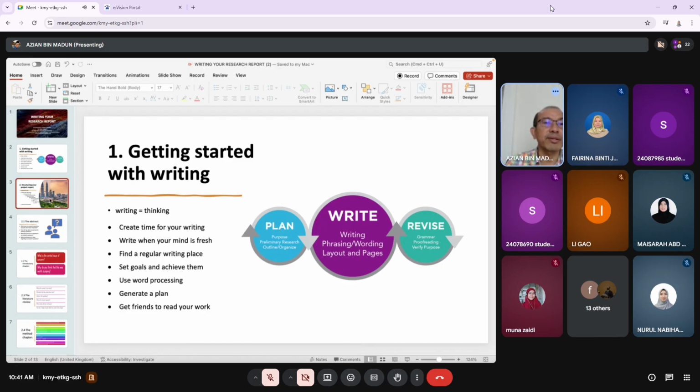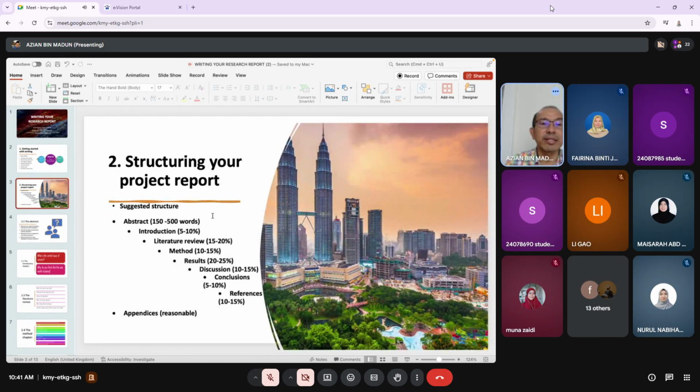So let's go back to our structure. This is how you should structure your report. Now for your assignment, we only have the proposal of your study or your research.